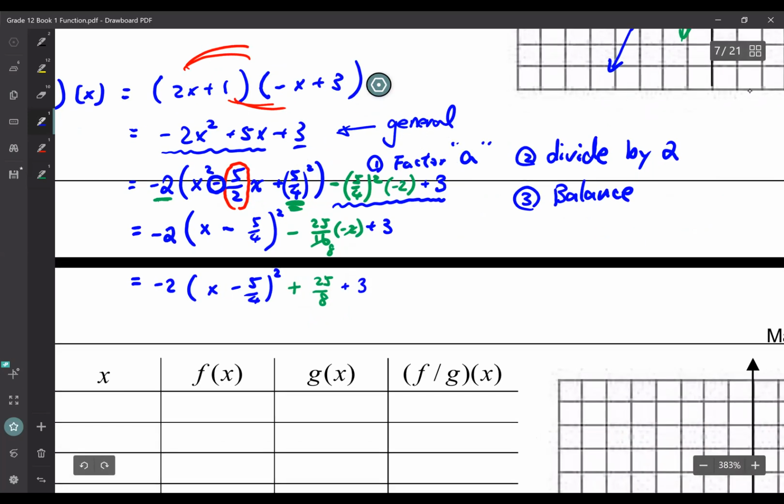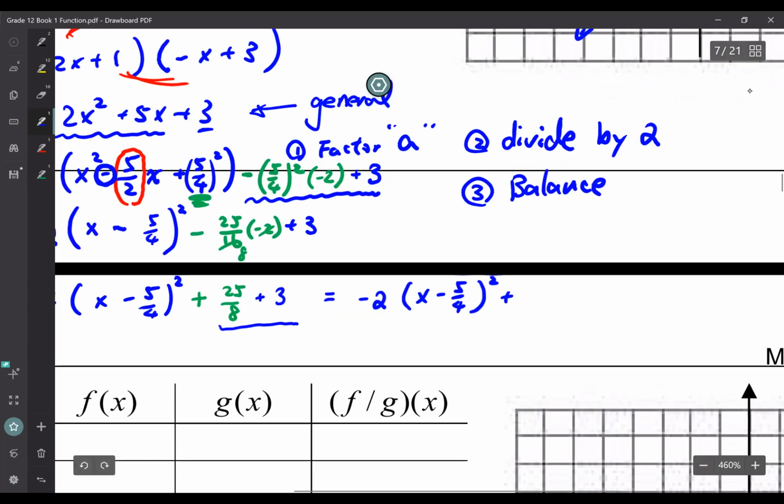Okay, this one is a bit harder because of the fraction, right? And finally, we just add up the fractions here. So it will be -2 x minus 5/4 squared. Add them up. Okay, so add the fractions together.